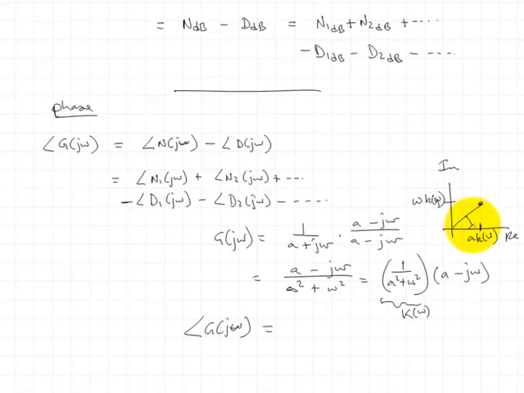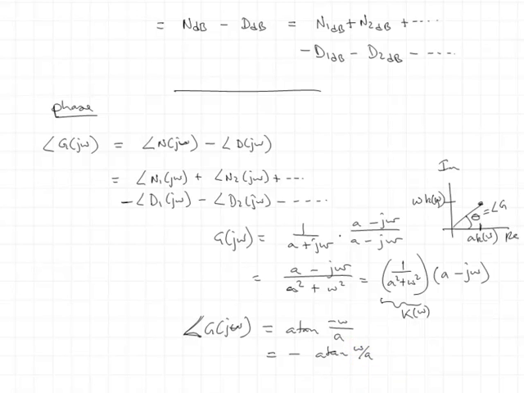And the angle here, which is the argument of my transfer function, this is equal to the angle of g, is simply the arctan of the imaginary over the real part, which in this case is just arctan of minus omega over a. It is equal to minus arctan of omega over a.